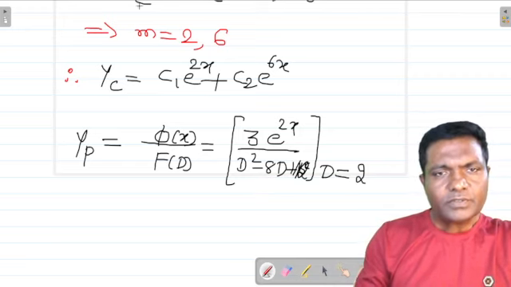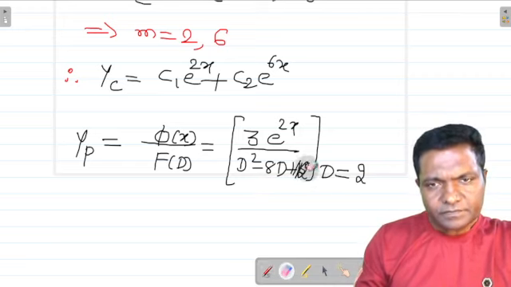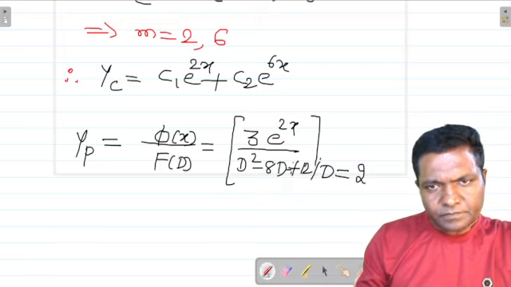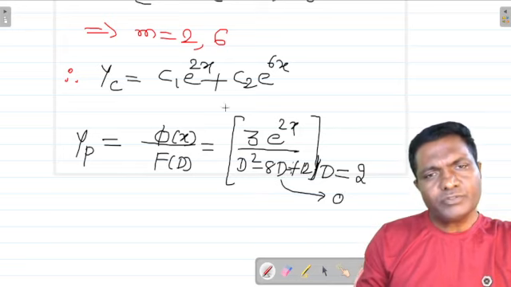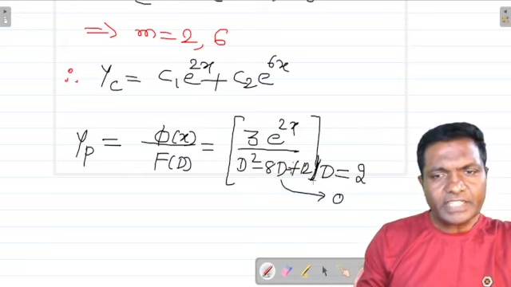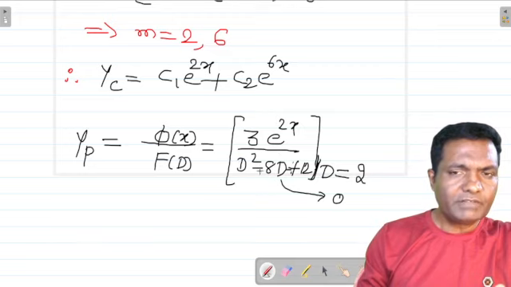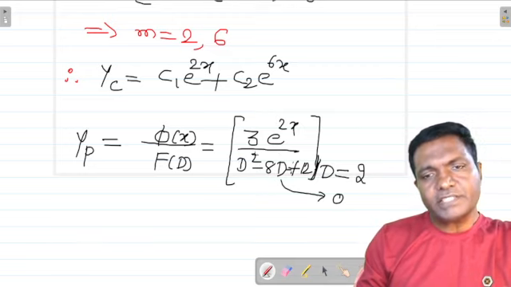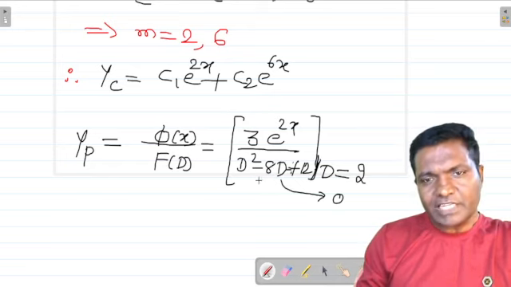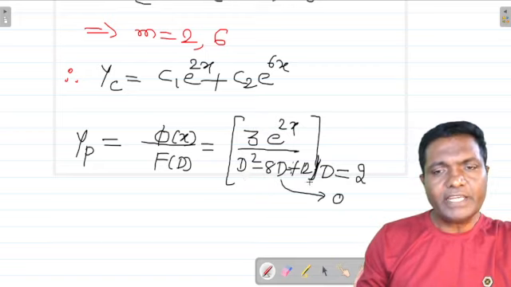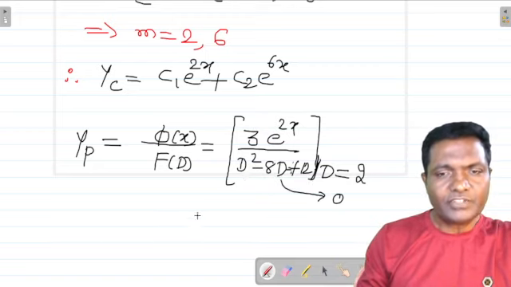So let me write it. This is actually 12. Yes, so if you replace D equal to 2, this becomes 0 because 2 is the root. So 2 satisfies this equation. Clearly, looking at the root, you can check whether the denominator is 0 or not. m equal to 2 satisfies the auxiliary equation m square minus 8m plus 12, so the denominator becomes definitely 0.